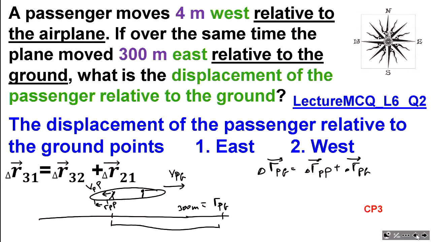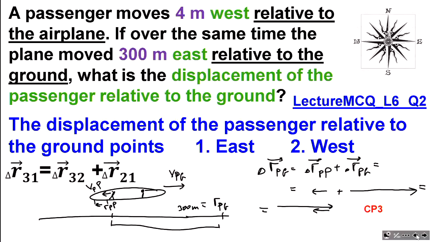So what can we do? Well, this is what we can do. We know how to add vectors. The displacement of the plane relative to the ground, this arrow, is a long arrow which points to the right. And the displacement of the passenger relative to the plane is a short arrow which points to the left. So now we add them up together, 1, 2, exactly like we did in the second example.